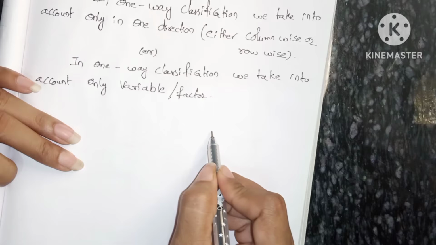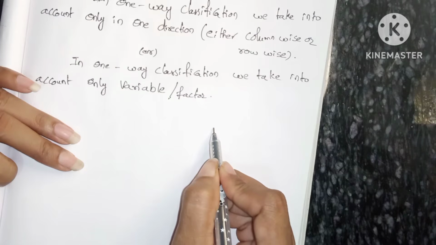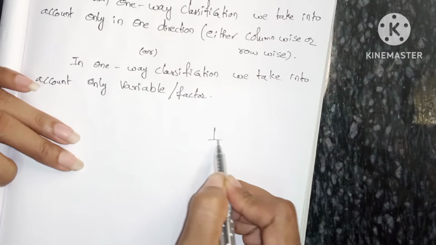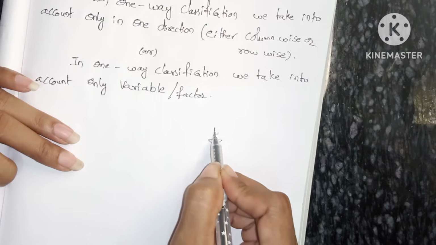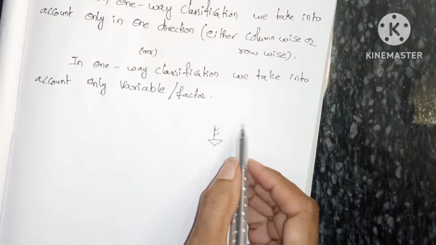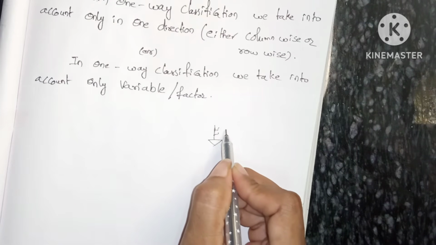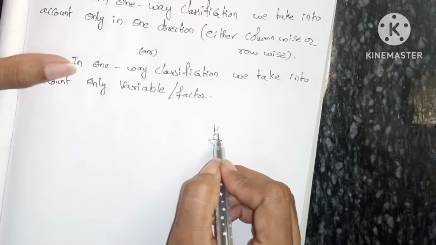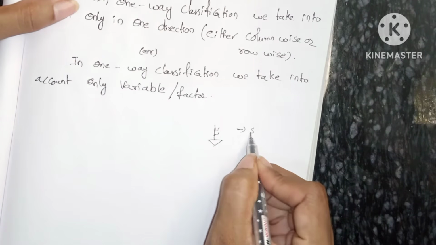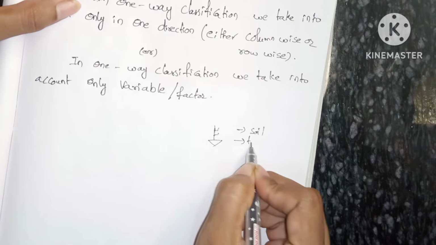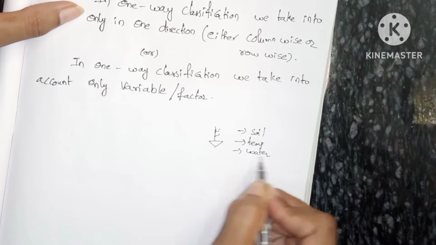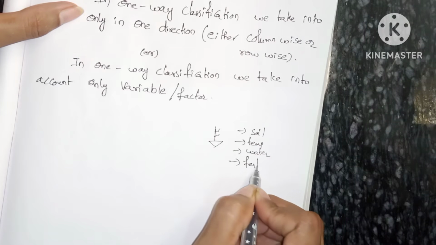For example here, one plant is there. We are considering here only two variables. The plant growth depends on many things: it may be soil, temperature, water facility, fertilizers.